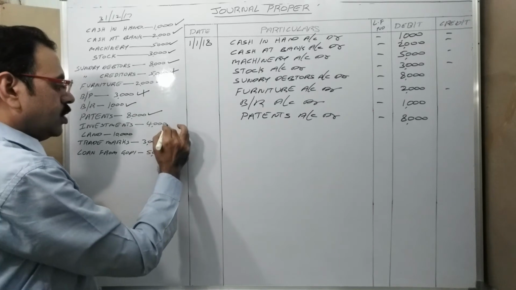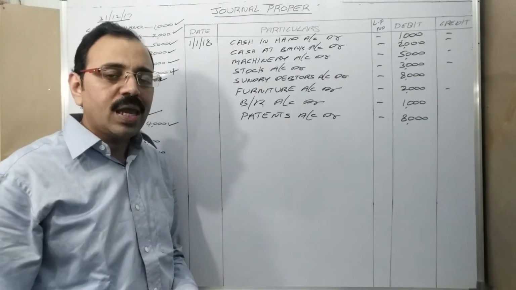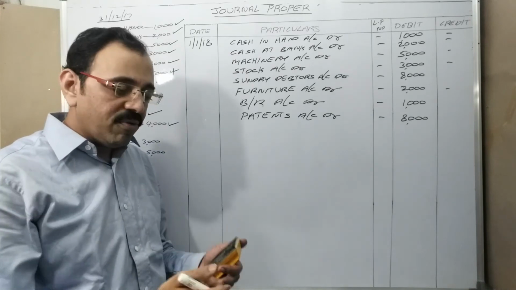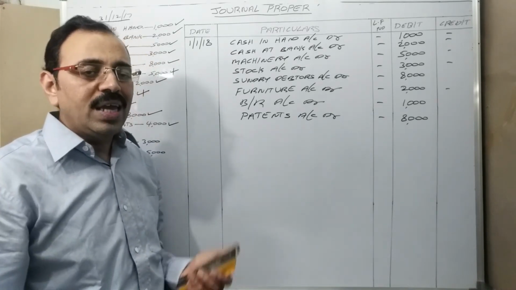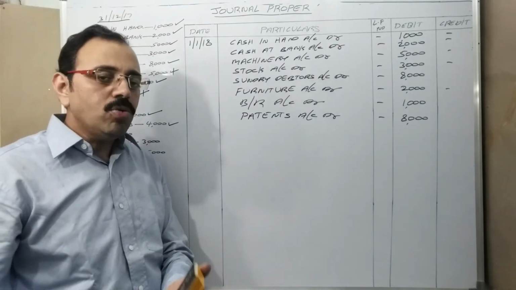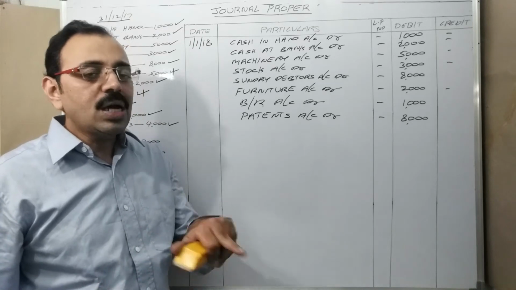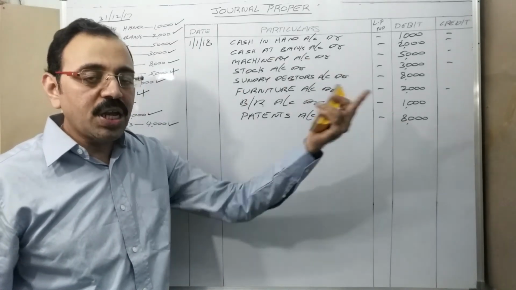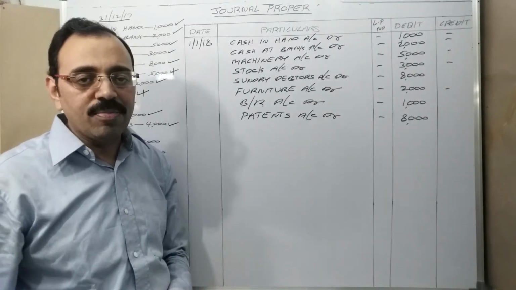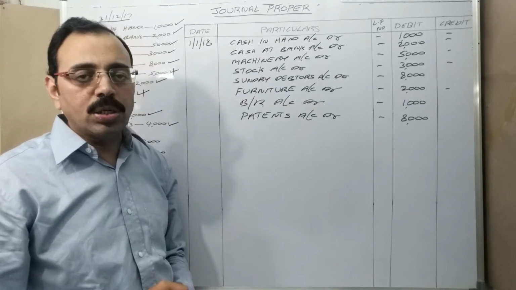Investments. Investment, don't think of it as capital. Capital means what? In our business, if we invest money, it is called capital. Investment means we have some savings money. With that amount, we purchased other companies' or other businesses' shares, debentures, etc. Or with our savings money, we purchased government bonds.